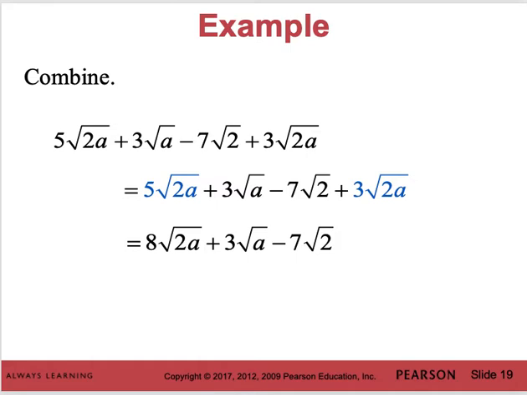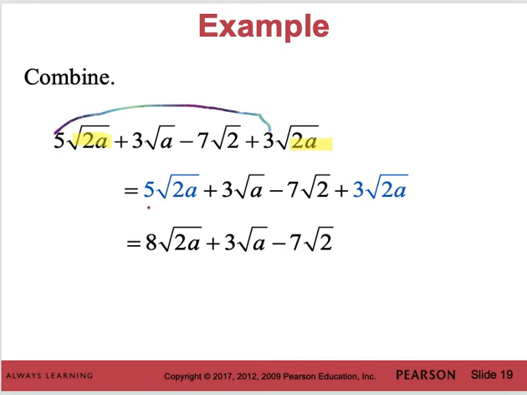So let's try combining another one. So we have 5 times the square root of 2a, looking for common numbers and variable combinations underneath our radicals. So we can combine the positive 5 and the positive 3 together.